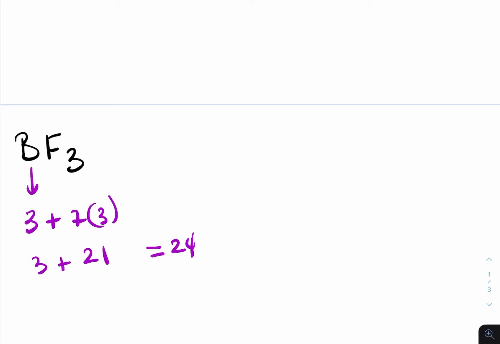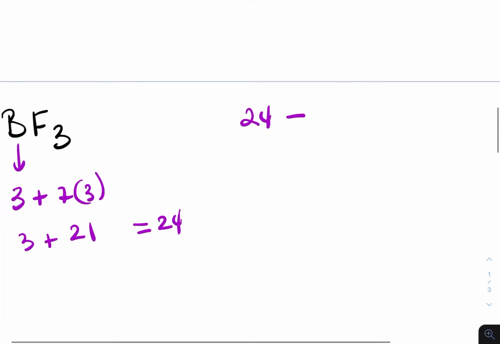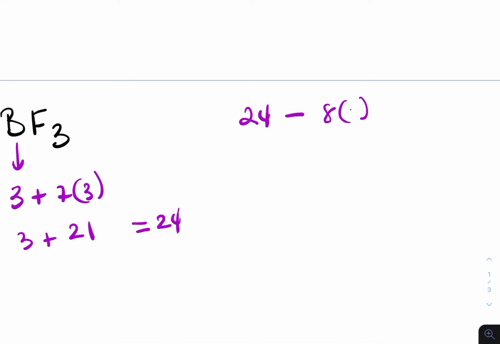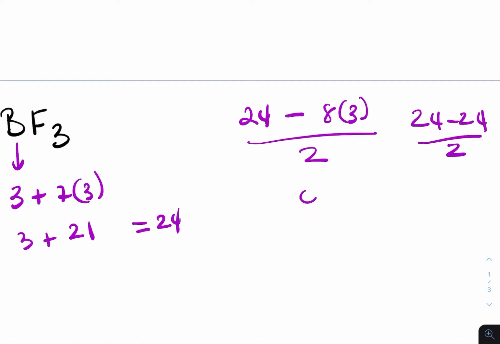So we would have 24 minus 8n, and just by looking at it, I know there are 3 fluorines connected to boron. So it would be 8 times 3, which is 24, over 2. So we have 24 minus 24 over 2, which comes out to 0 over 2.